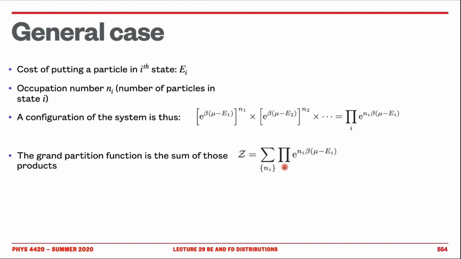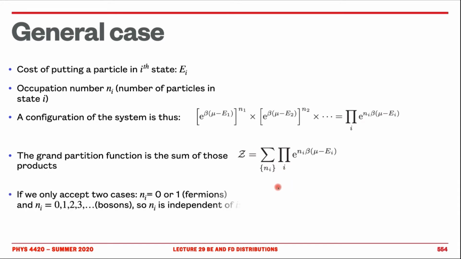So there is no index i dependence on the occupation Ni. If you have a boson, same thing. Ni will be 0, 1, 2, 3, 4, 5, all the way to infinity, and it's also not going to depend on i. And because of this, it turns out that we can swap the sum for the product. And this is actually the result that we obtain.